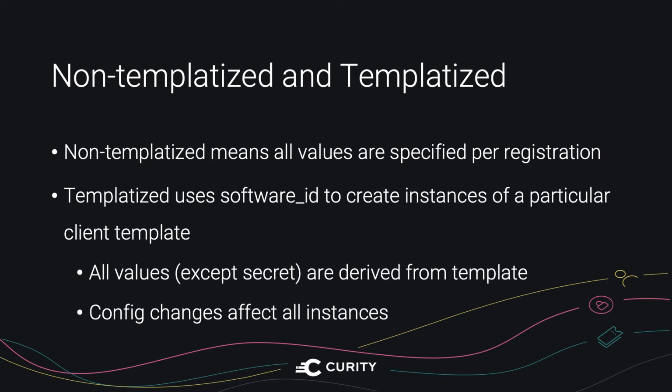So if the template is configured with a certain redirect URI, with certain grant types, etc., the input doesn't have to specify those. From the template identifier, those will be able to be obtained and returned to the new instance of that template. Some parts of the metadata obviously will change, like the client secret, where every instance will need a new secret, but all other metadata for all instances of that template will be the same.